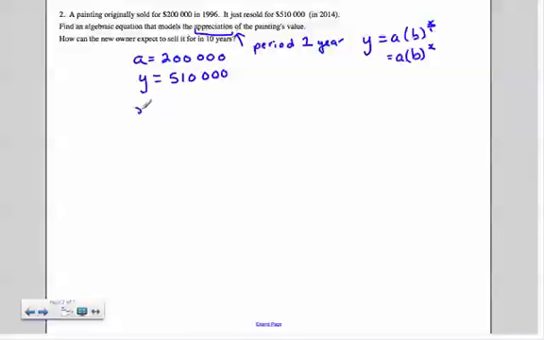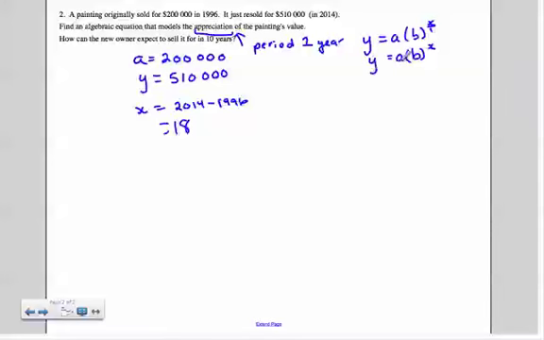I do need to figure out what x is though. It sold in 1996 and then again in 2014. So I'm going to subtract to figure out how many years are between that, and I believe it's 18. I'm just going to double check. So that's been 18 years. Now I'm going to solve for my b.